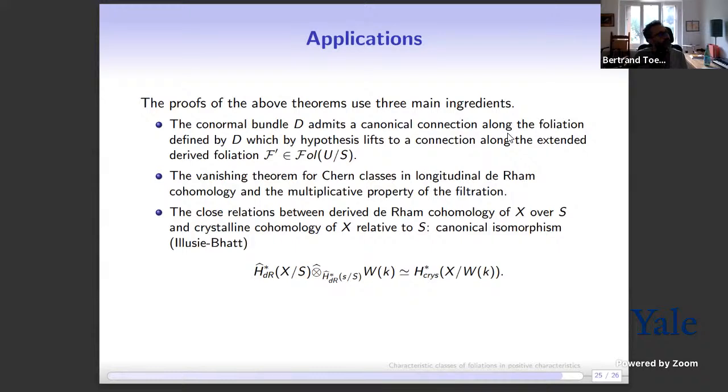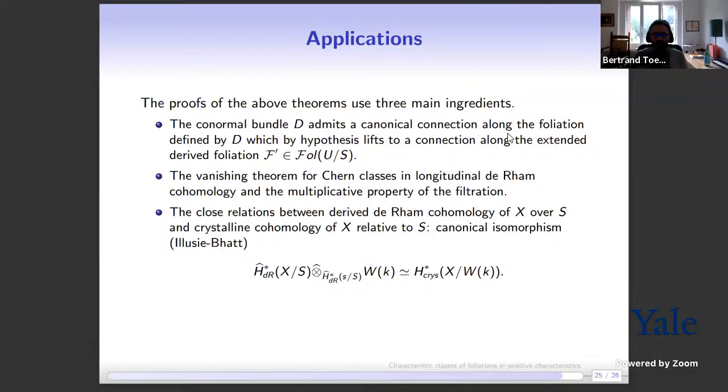And maybe as a final comment, I should say that the fact that this derived de Rham cohomology is not exactly crystalline cohomology makes me think that these derived foliations are not the best thing possible. There should be a way to define crystalline foliations in some sense.